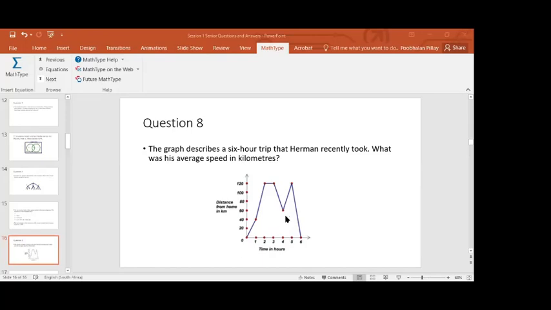It tests to see whether you really understand what graphs are all about in the real world. So there's a graph drawn here, and this graph says, the graph describes a 6-hour trip that Herman recently took. What was his average speed in kilometers? Now that's quite a mouthful.